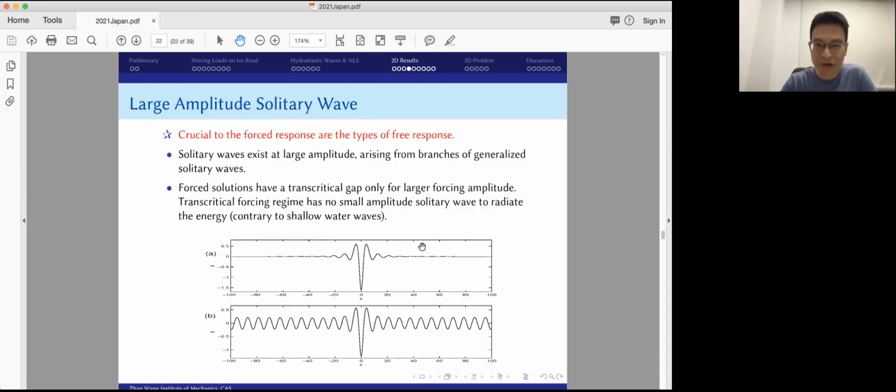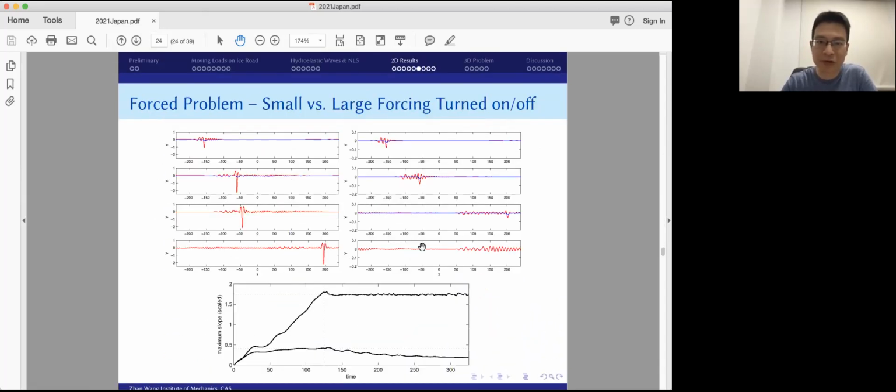And we can also do direct numerical simulations, time-dependent simulations. If you add a small forcing to the system, you will just see ripples. You will not see any larger responses. And if you add large forcing in the transcritical regime, you will see very large amplitude solitary waves generated.